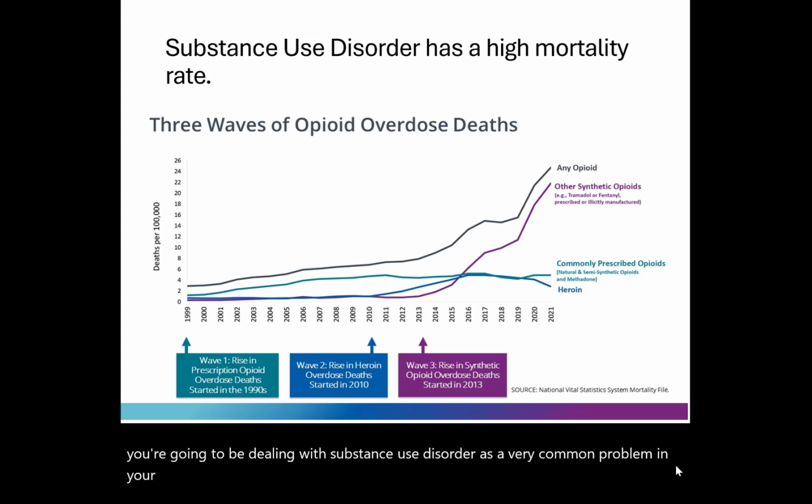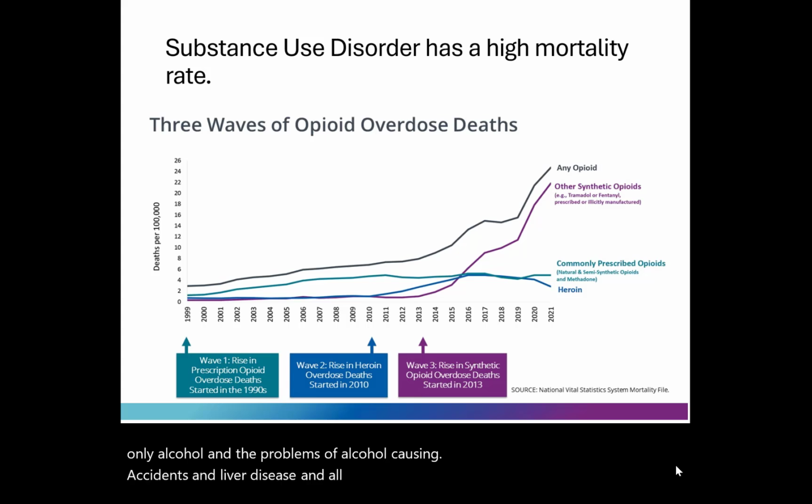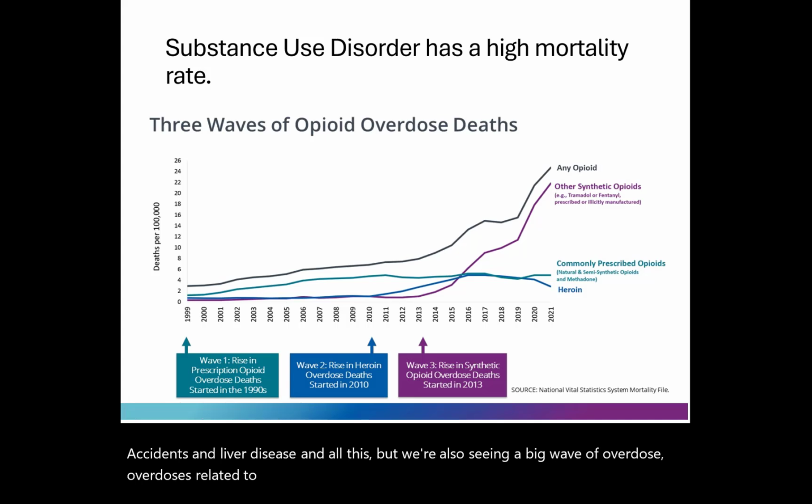It's also very deadly for some people who have substance use disorder, not only alcohol and the problems of alcohol causing accidents and liver disease and all this, but we're also seeing a big wave of overdoses related to things like opioids, and especially synthetic opioids like fentanyl, which are extremely dangerous.